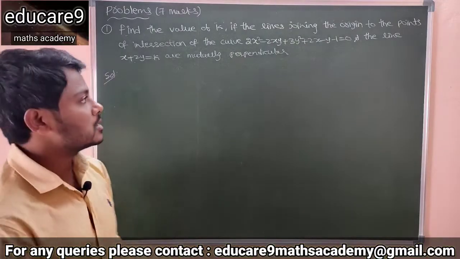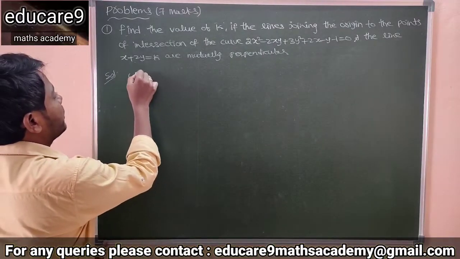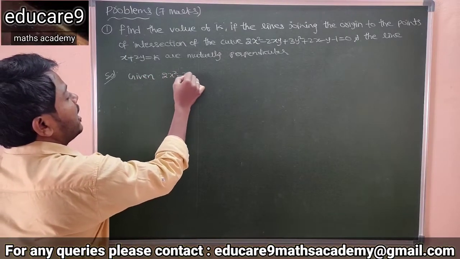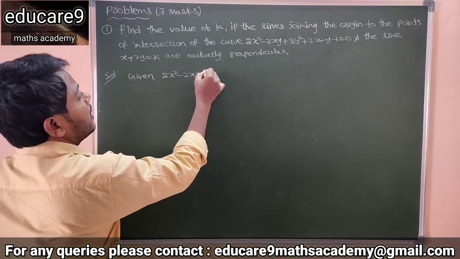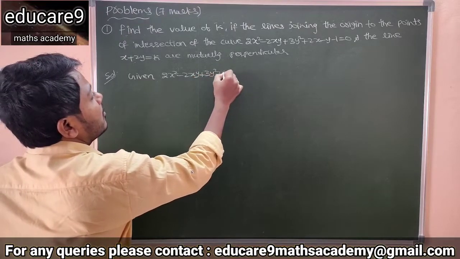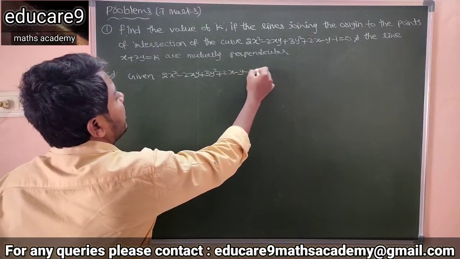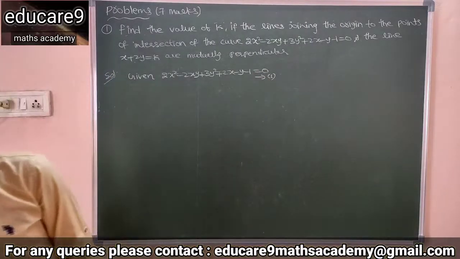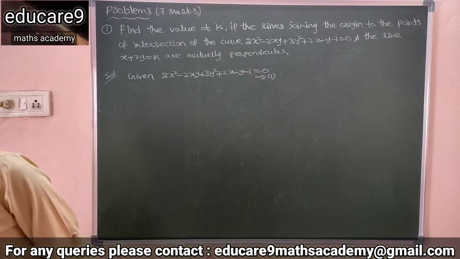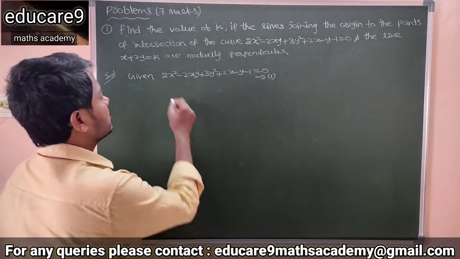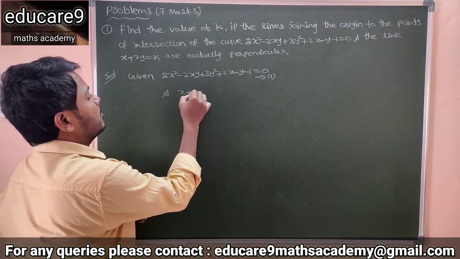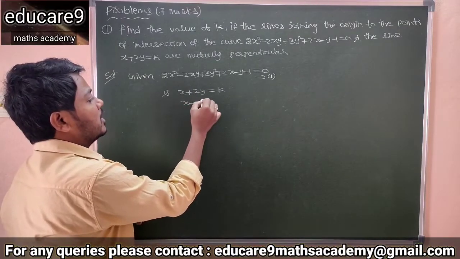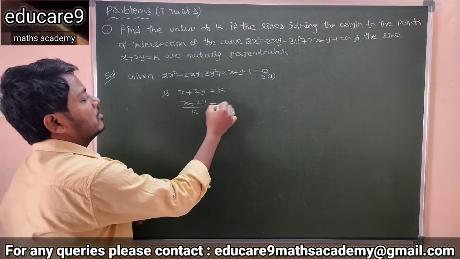Given 2x square minus 2xy plus 3y square plus 2x minus y minus 1 equals 0. This is equation 1. Next, x plus 2y equals k is the given line, that is, x plus 2y by k equals 1.